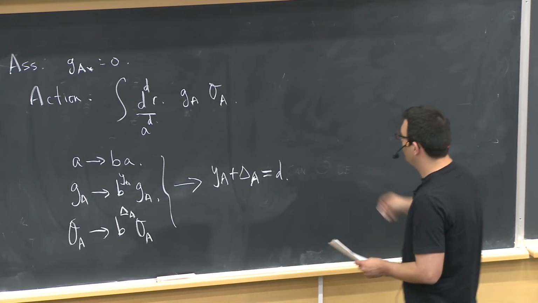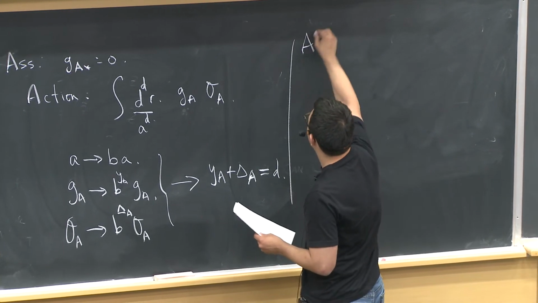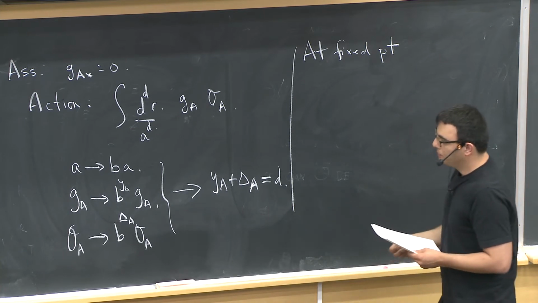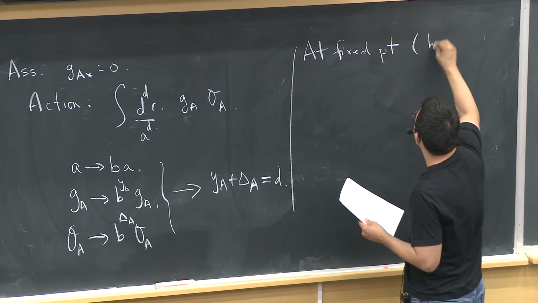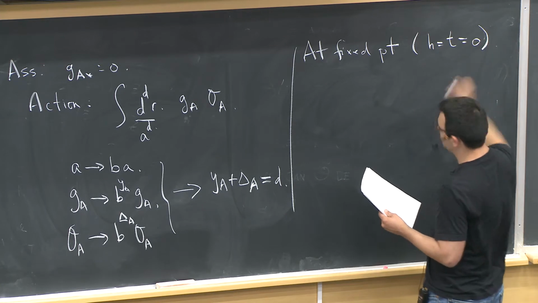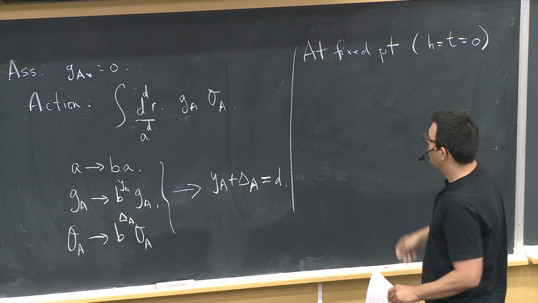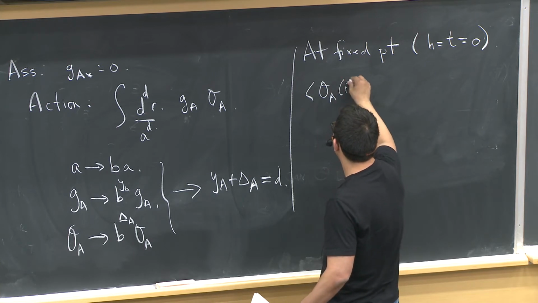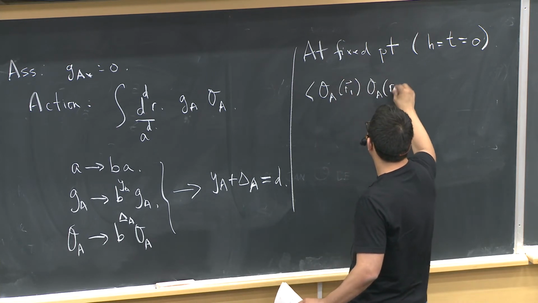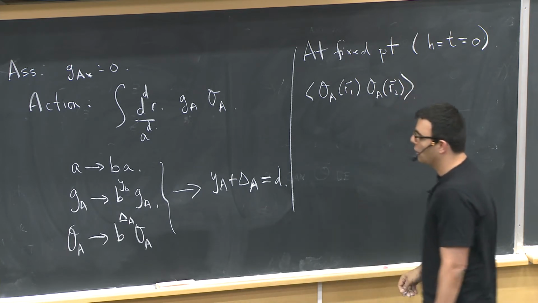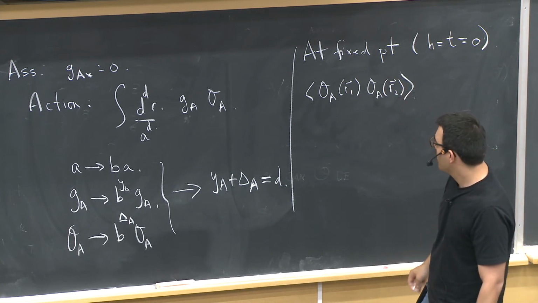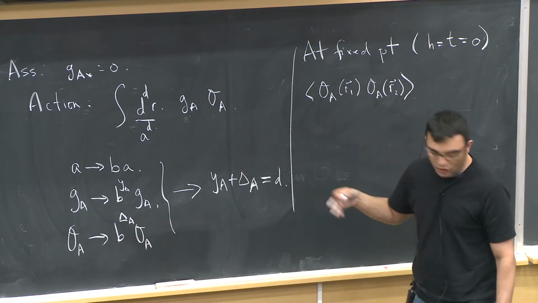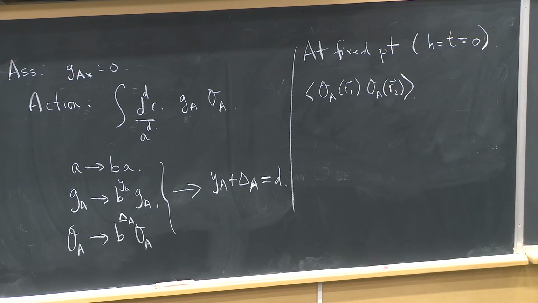Well, at the fixed point, say for the magnets, H equals T equals 0, then the correlation function of these operators, O_A of R1, O_A of R2, well, under RG, it should go like B to the 2 delta A.